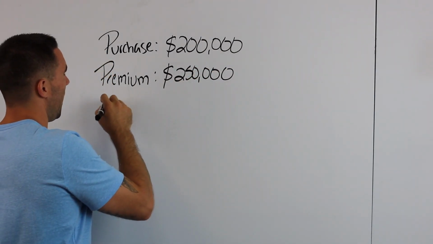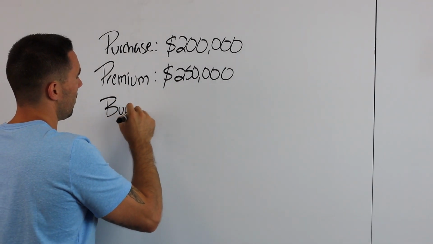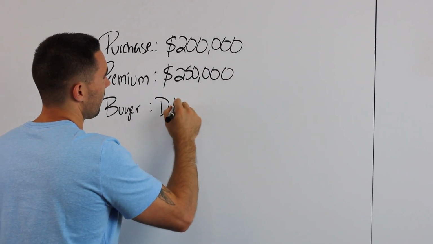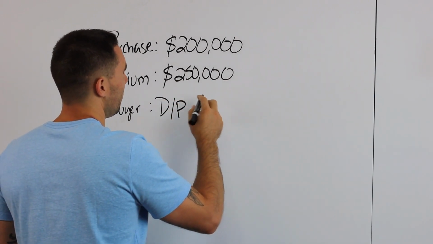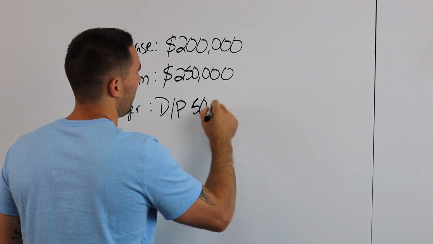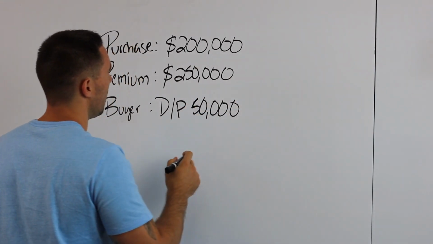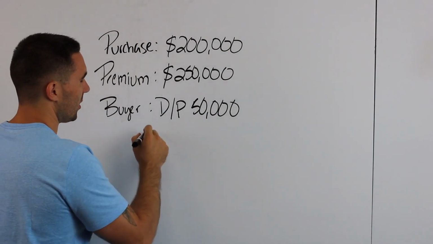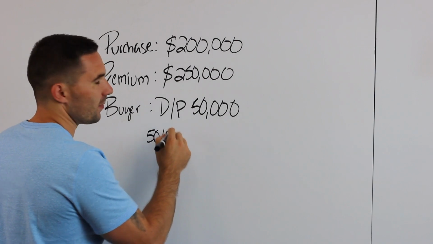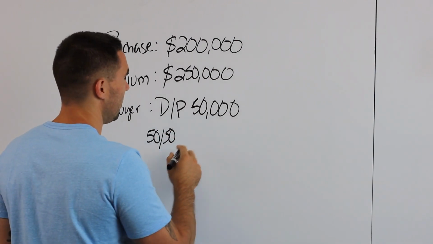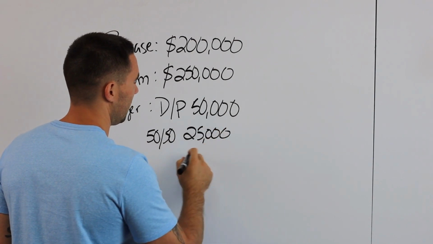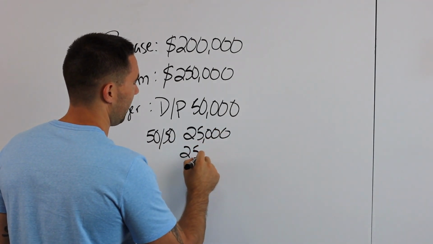Let's say our tenant buyer comes in with a down payment of $50,000. Let's just take the full premium at $50,000. In this example, we're going to use a 50-50 split, okay? So you take $25,000, and the seller takes $25,000.